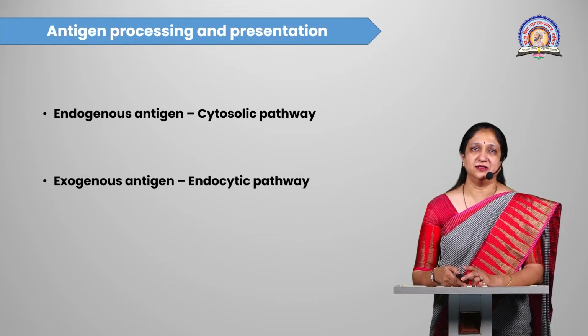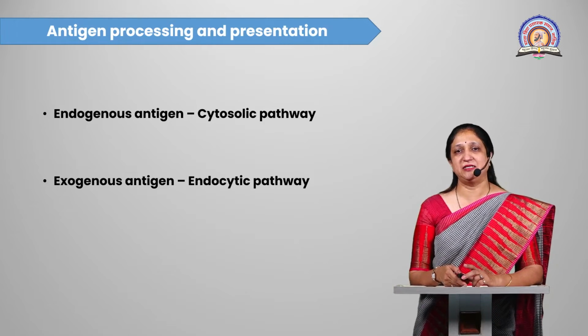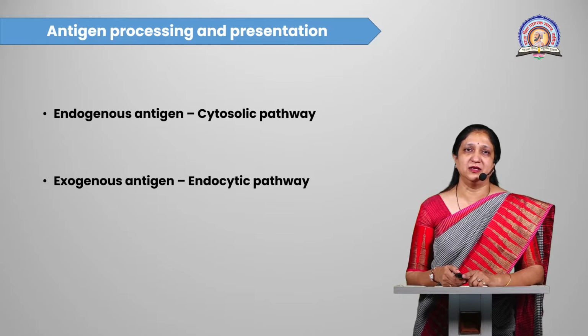If the antigen is an exogenous antigen, that is, the antigen has entered into the body from outside, for example, a bacterial antigen, then such an antigen is processed via the endocytic pathway, and after processing, it is presented to the T helper cells.